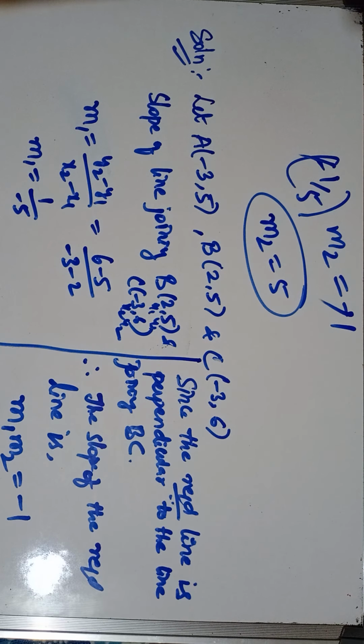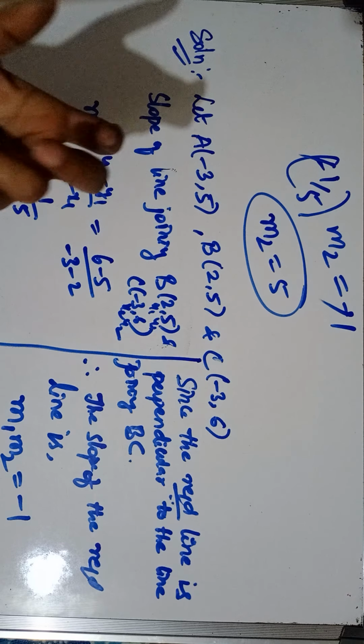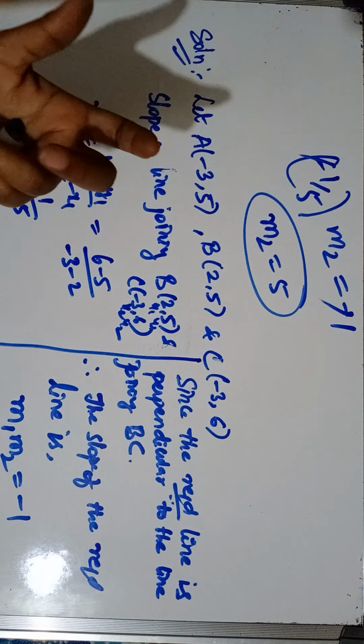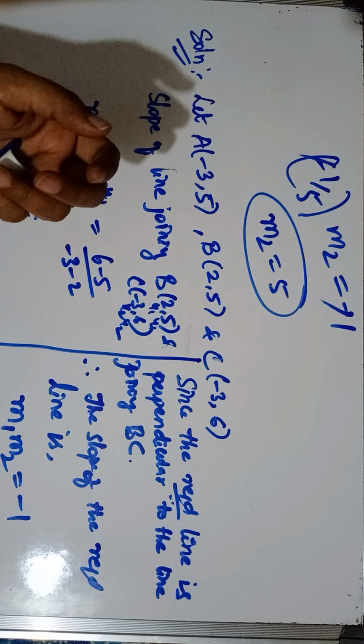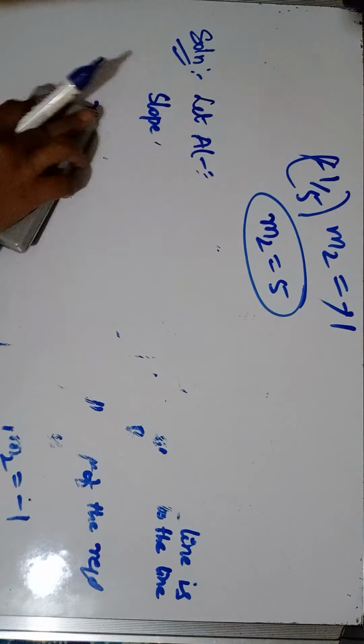Therefore, the slope of the required line is 5, and we know the point through which the line passes, that is (-3,5). So by using slope point form, because we know the slope as well as the point through which the line passes, now we make use of slope point form and write down the required equation of the line. Okay, so very simple.